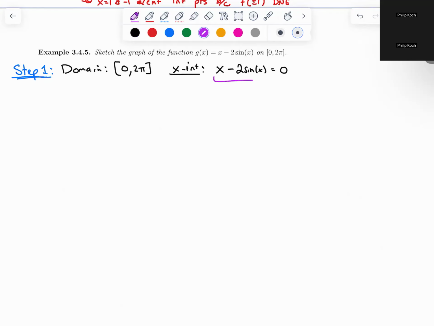But it's very hard to solve in general. So we'll skip. It is very, very difficult to find that information out. I forget exactly where it is, but there is an x value between 0 and 1 that solves that equation.